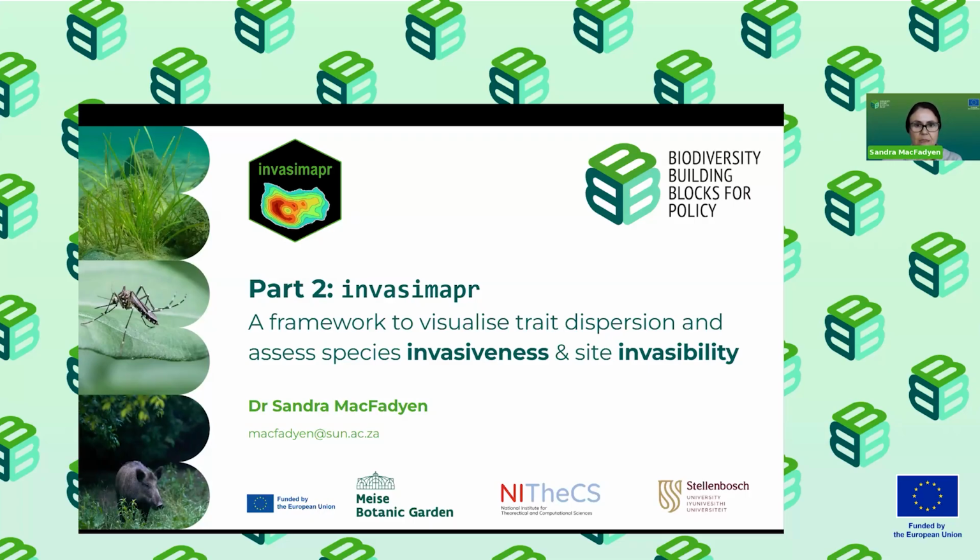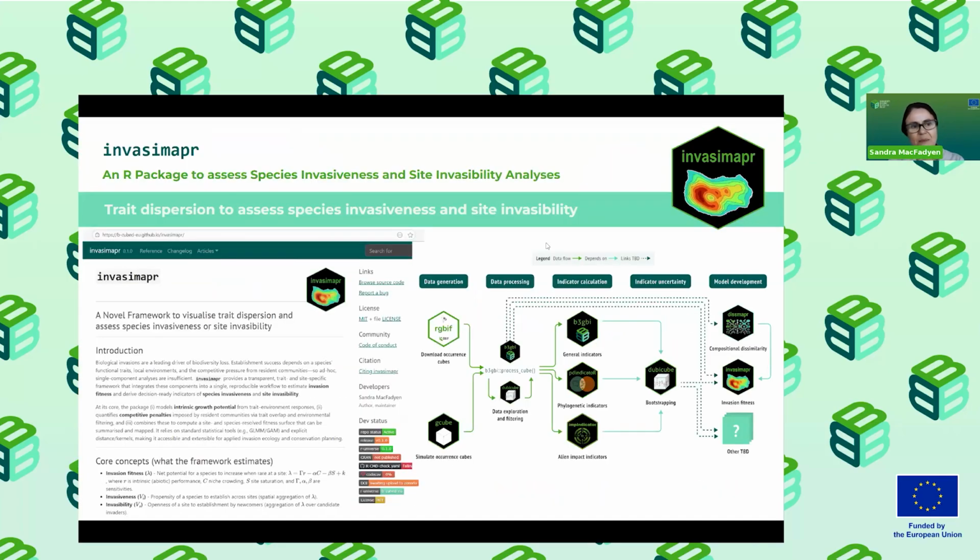As Maarten has already shown you this slide, it's a rundown of the B3 verse, the different packages and workflows developed through the b-cubed program. The one we're going to focus on is the R package that looks at invasion fitness.